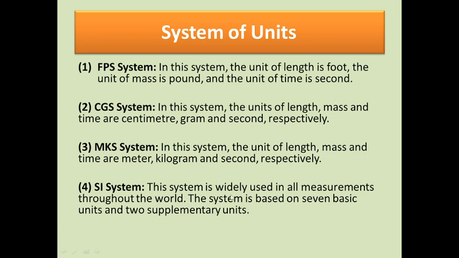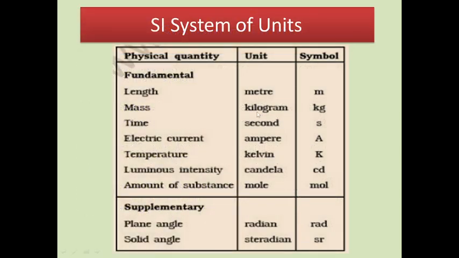Nowadays the SI system of units is widely used in the scientific field. The SI system consists of base units and supplementary units. You can see here the fundamental or base units: there are a total of 7 base units and 2 supplementary units.